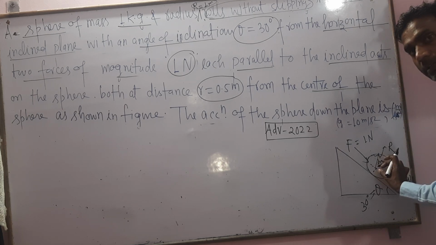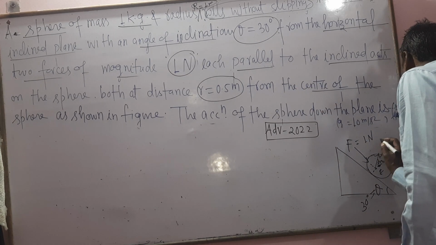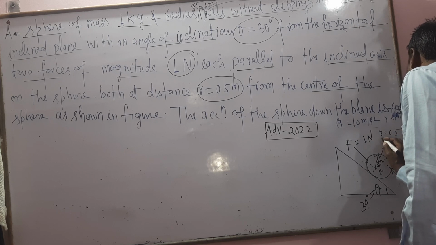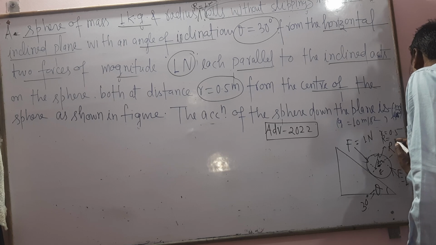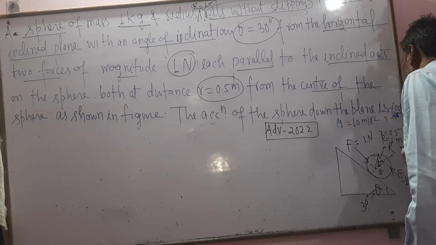Taking small r equal to 0.5 meter, and capital R, the radius of the solid sphere, equal to 1 meter.